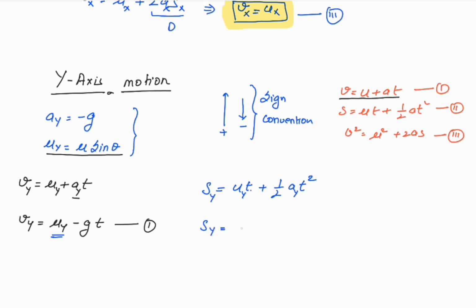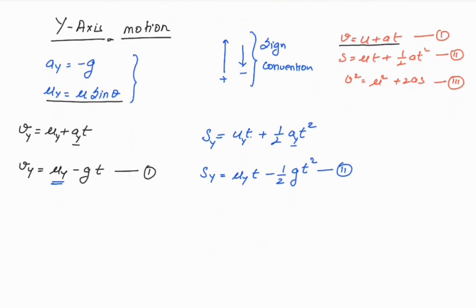What is u of y? u of y is u sin theta, times t. What is a of y? a of y is minus g, which means the acceleration in the y-axis is minus g. That's why I am using minus g, t square. This is my second equation while solving the motion along the y-axis in projectile motion.